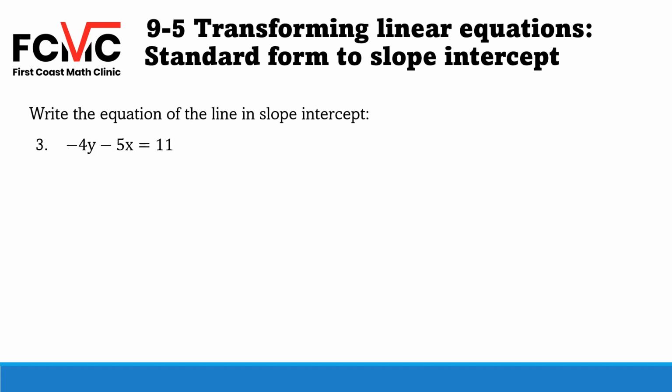All right, last one: negative 4y minus 5x equals 11. Our equation's in standard form. Let's write it in slope-intercept. We want to get the y by itself. So what's happening with the y? For our build, we're going to multiply by negative 4. Now we're subtracting 5x.